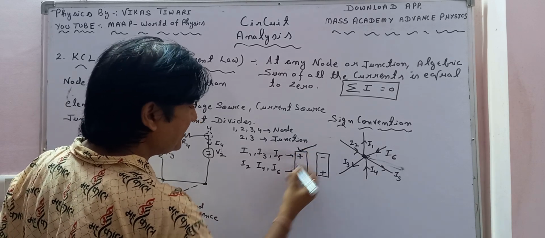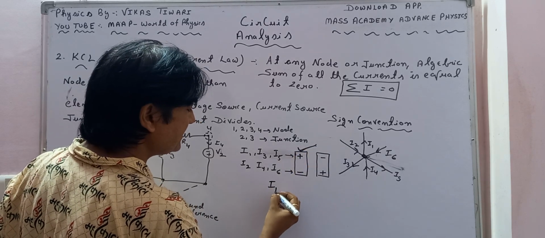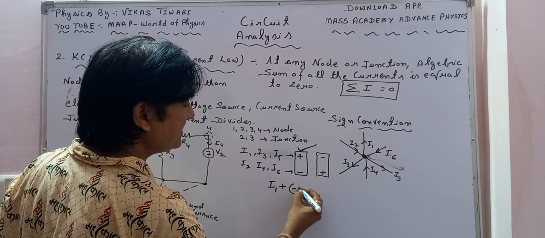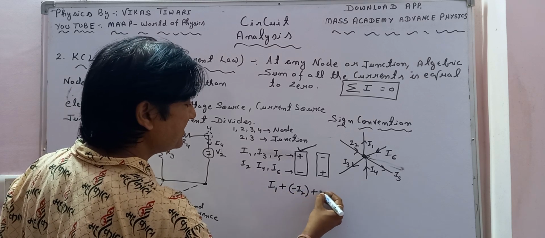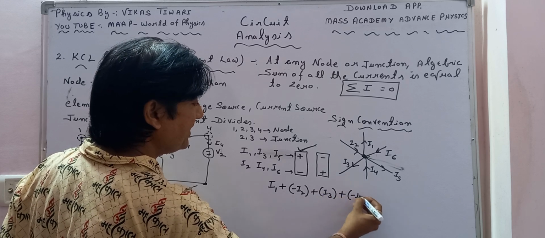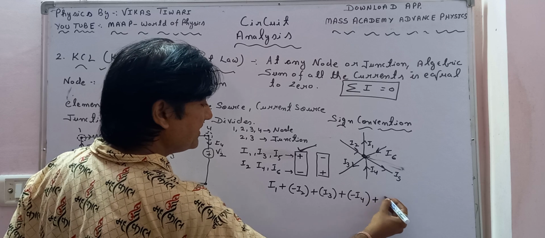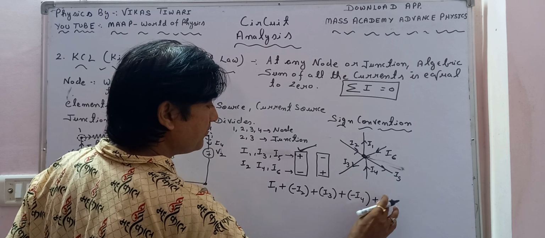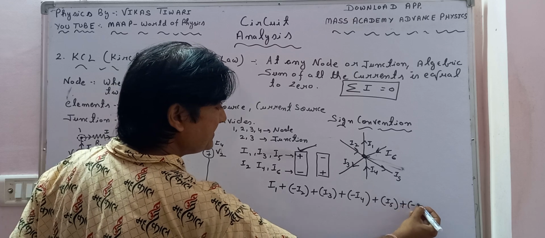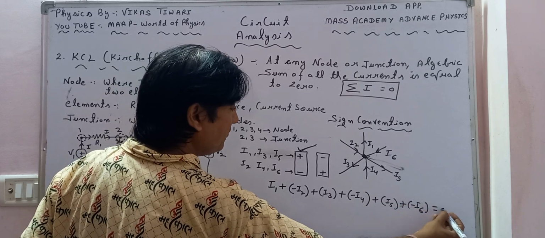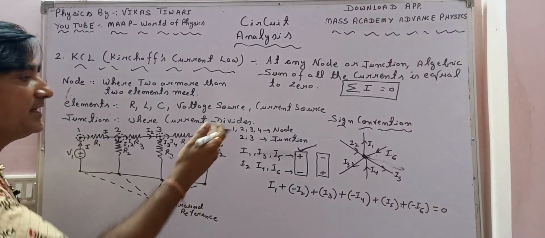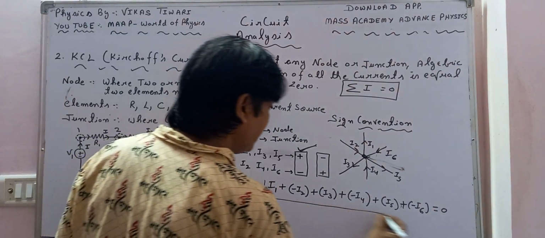If I follow this sign convention, I will take I1 as positive, plus I2 as negative, plus I3 as positive, plus I4 as negative, plus I5 as positive, and finally I6 as negative, and the summation of all the currents is equal to 0. So this is only a one-line application of KCL.